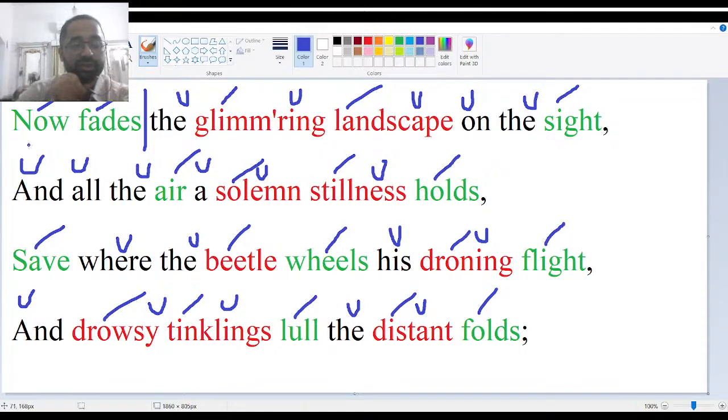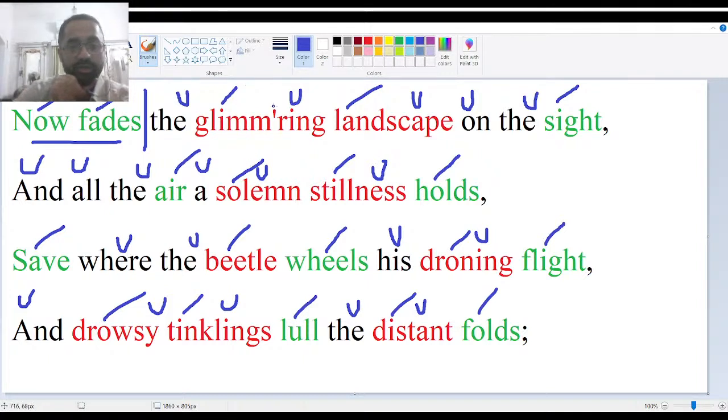So the only option that you have is to have two stressed syllables, and as you know by now, this is called a spondee.